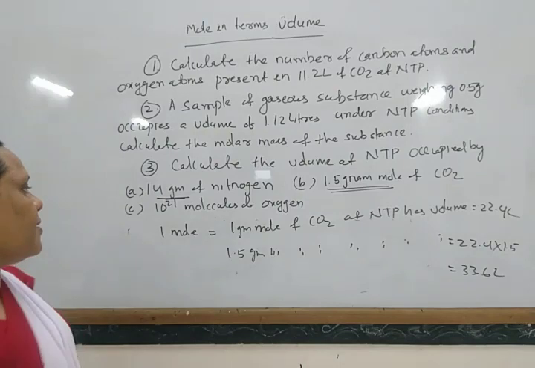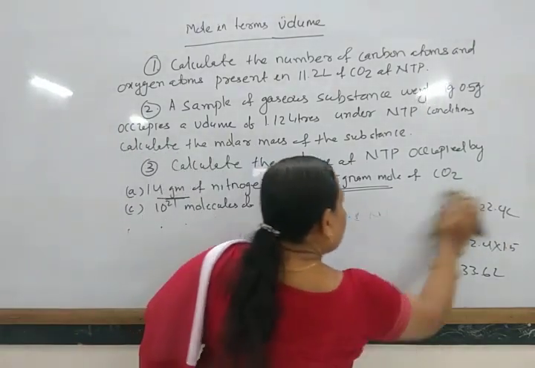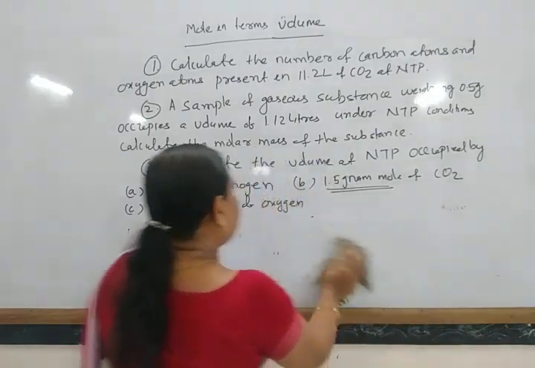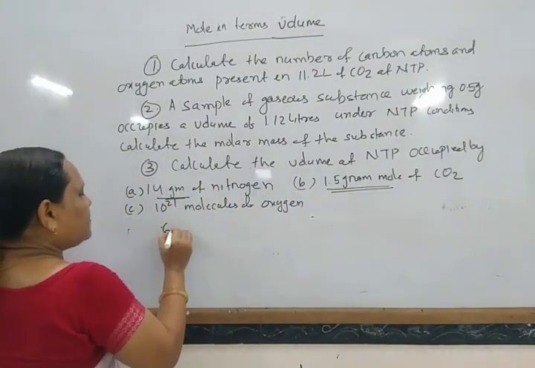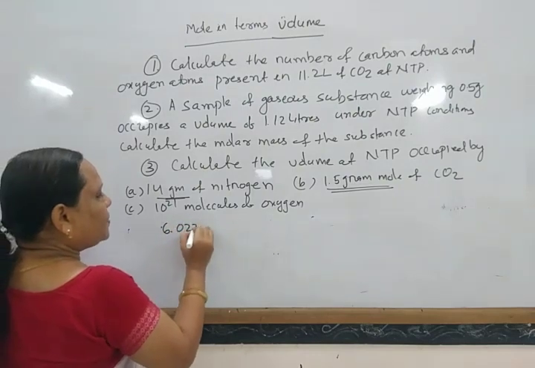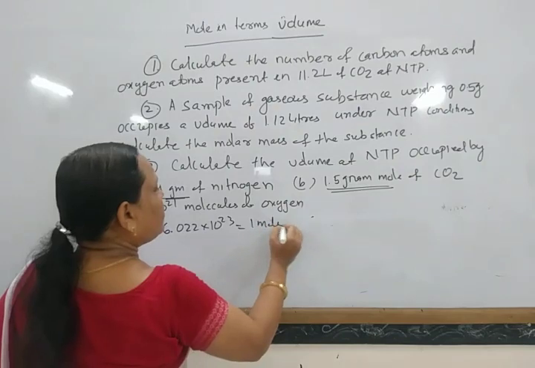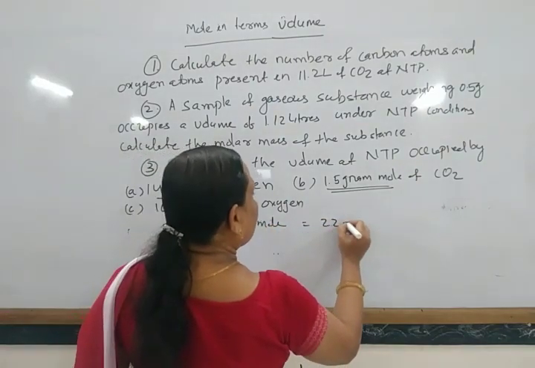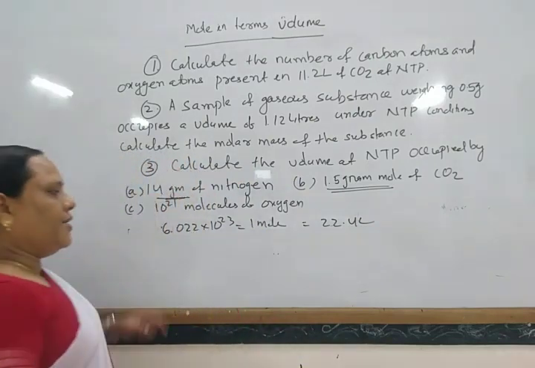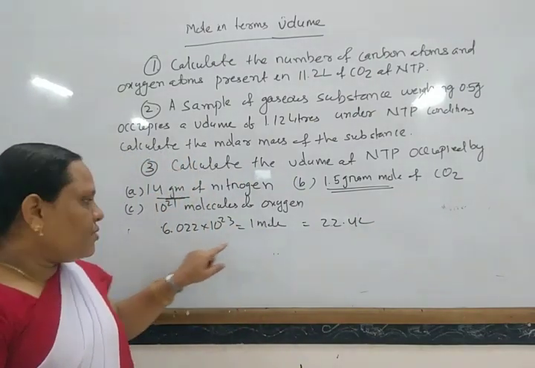So 1.5 gram mole of carbon dioxide has volume 33.6 liter. Next, 10^21 molecules of oxygen. So we know 6.022 × 10^23 has volume 22.4 liter, equal to 1 mole.